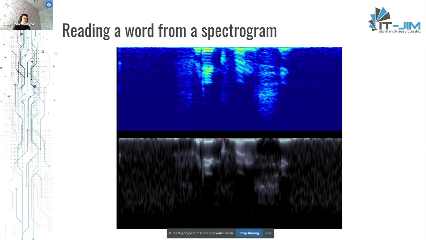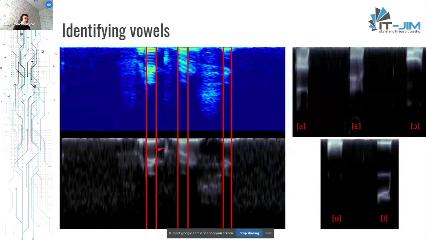And what I would start with is identifying vowels. I would say that vowels are those segments of the spectrogram, the envelope one mainly, in which we can consistently see the first two formants. So these are these three segments. And we have our reference here. If we start with the first segment, we see that the first two formants stand quite far from each other, and the first one is at quite low frequencies.